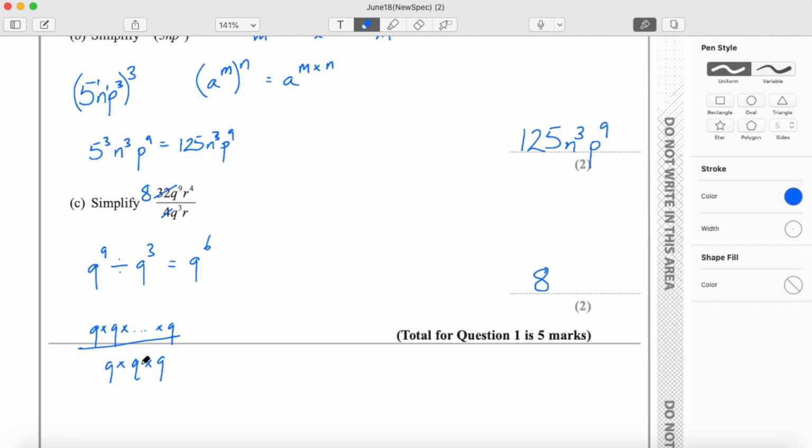So we can cancel out, we know any number divided by itself is just 1, so we can say that the q's cancel and we'd be left with q to the power 6.